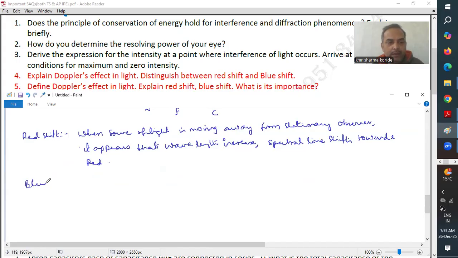Similarly, exactly contrast to red, blue shift.